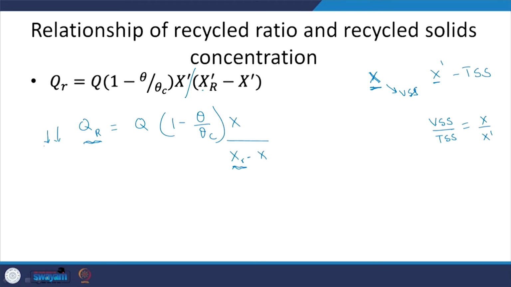Why is that? XR means the concentration of microbes in the settled sludge. If the sludge is settling well, then the concentration of microbes that I am going to recycle within a particular flow rate is going to be pretty high.